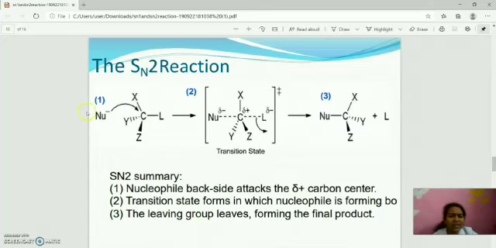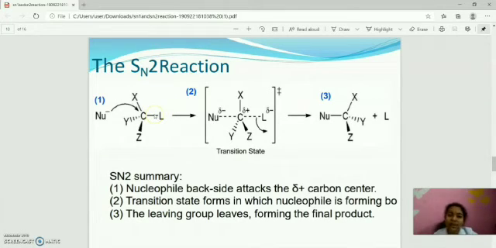Why is the nucleophile attacking from the backside? Why can it not attack from the front side in an SN2 reaction? So it is a stereochemical reaction. The nucleophile always attacks from the back side in SN2, because we know that the halogen is there, and the halogen also has negative charge. If the nucleophile attacked from this side, it has negative charge and the halogen also has negative charge.